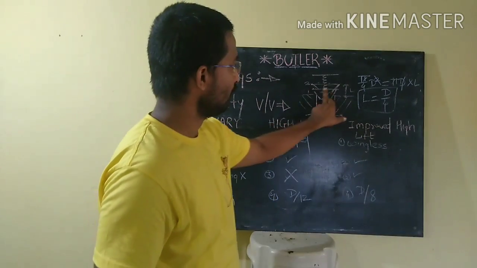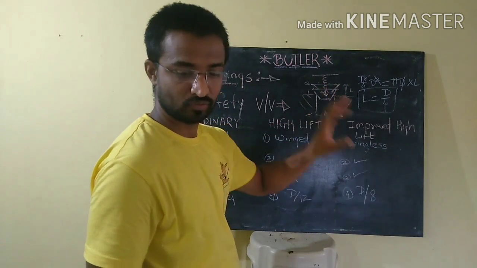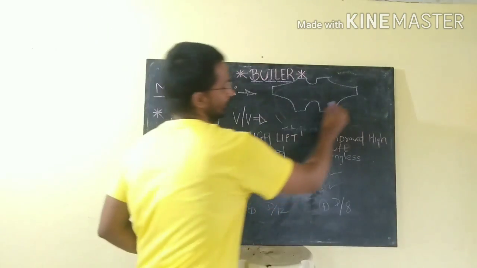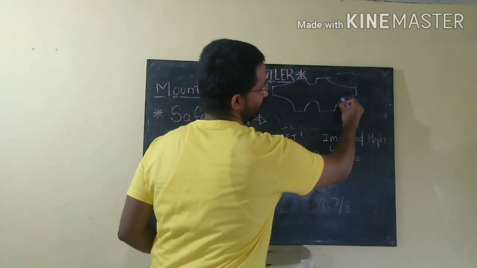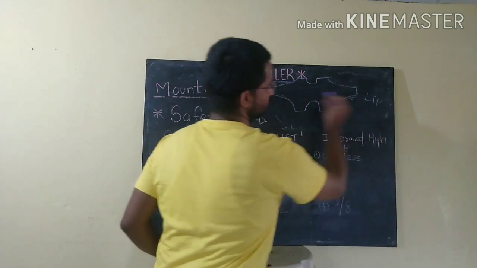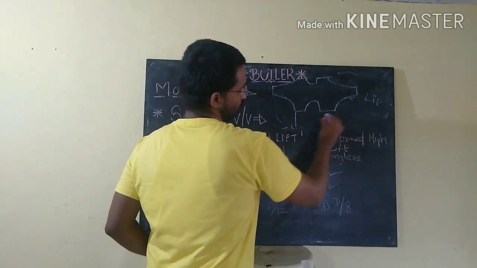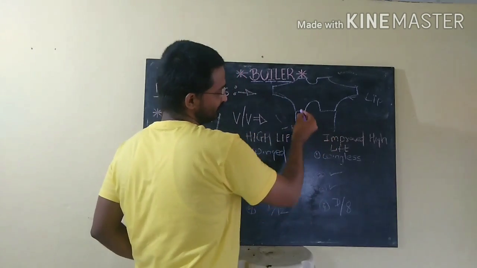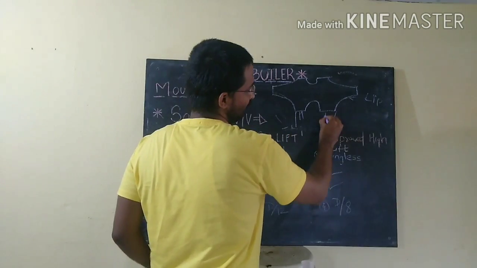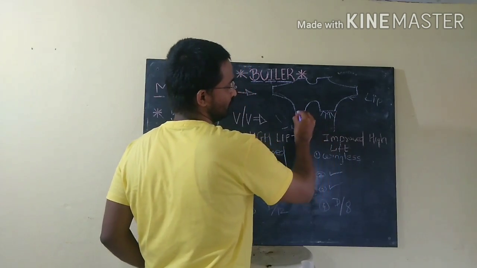Like this is the lid, but this is just shown to make it clear. This type of lid is there in modern safety valves, and this is the lip. This shape we call a lip. So why is it there? At the time of lifting, only this area, the steam will exert the pressure.